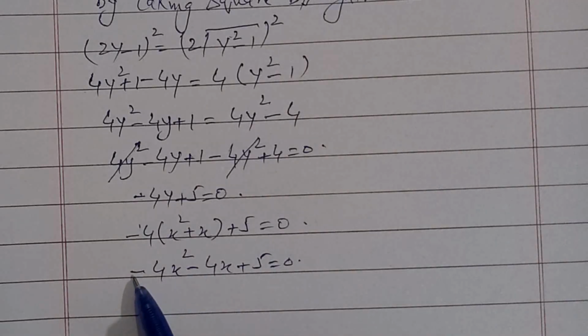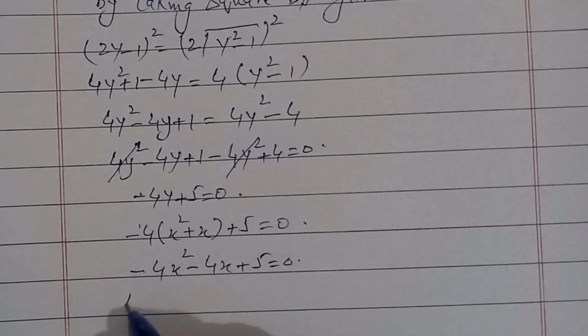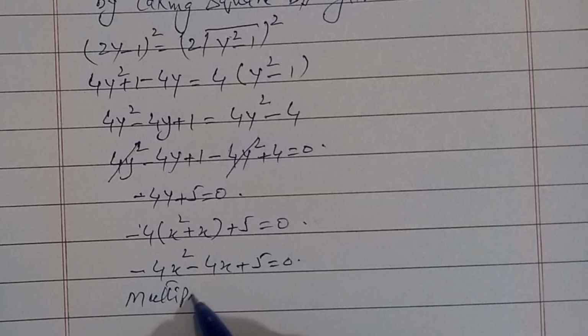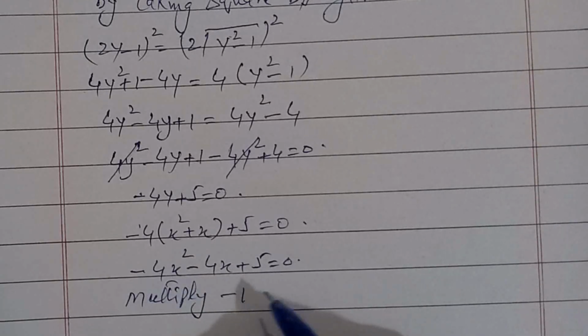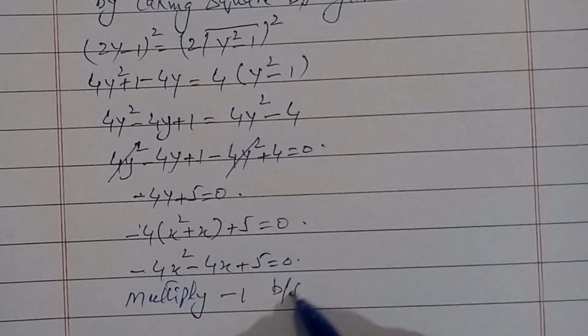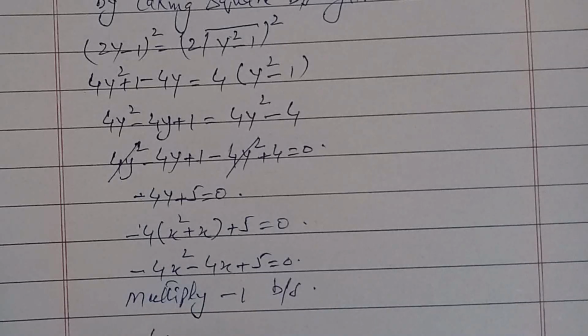And multiply by −1 on both sides. We get 4x² + 4x − 5 = 0.